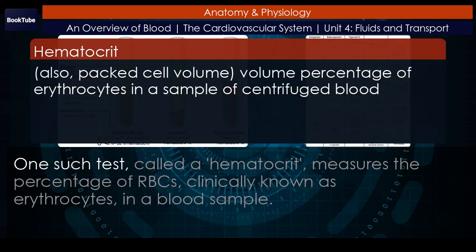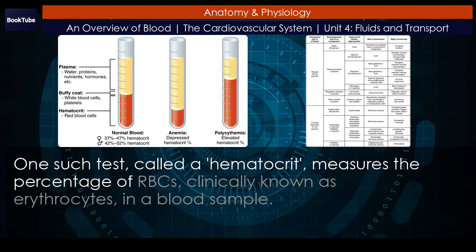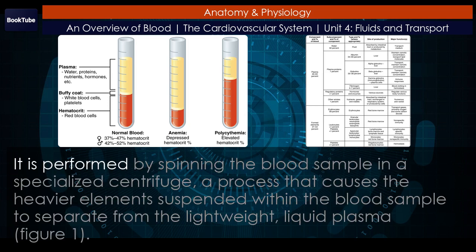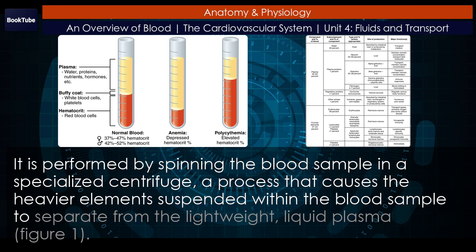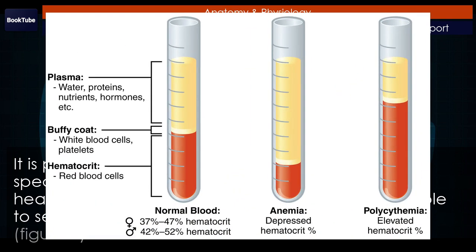One such test, called a hematocrit, measures the percentage of RBCs, clinically known as erythrocytes, in a blood sample. It is performed by spinning the blood sample in a specialized centrifuge, a process that causes the heavier elements suspended within the blood sample to separate from the lightweight, liquid plasma.